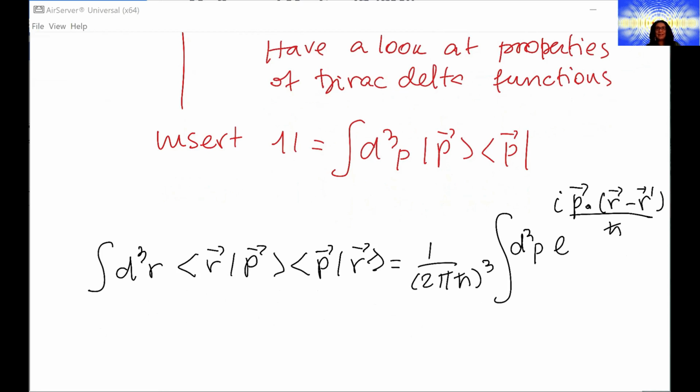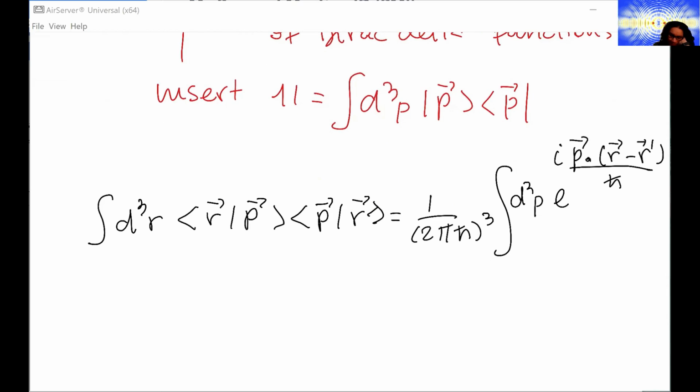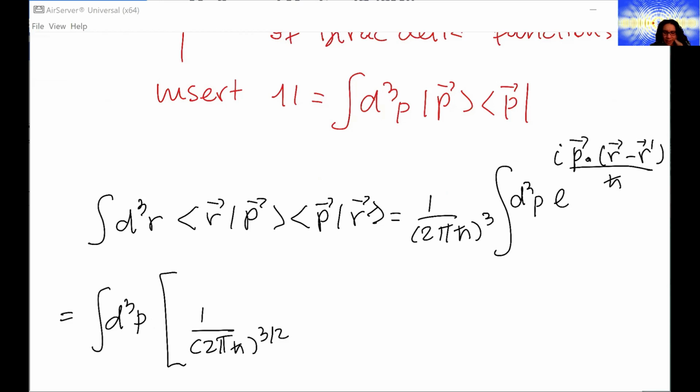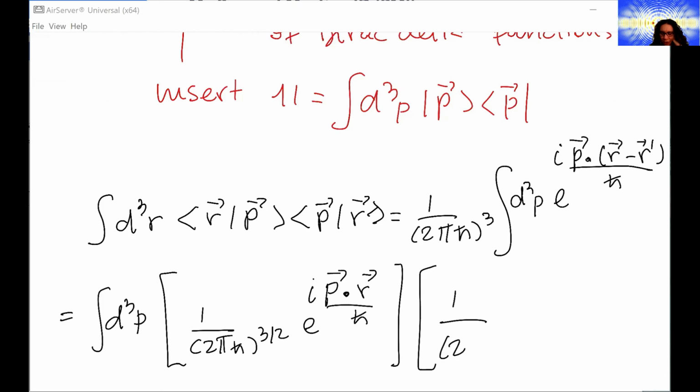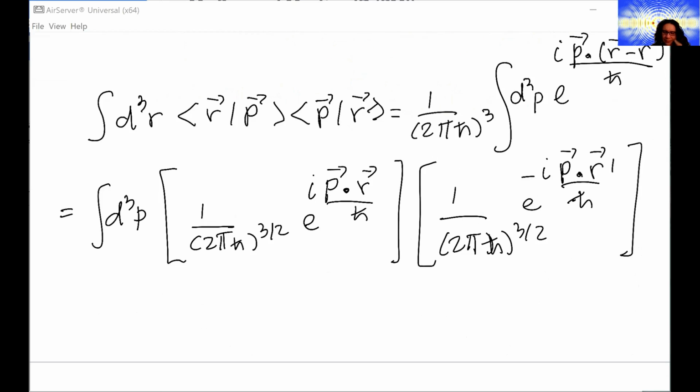If you compare, you see that you can write this as 1 over (2πħ)^{3/2} times the integral ∫d³p e^{ip·r/ħ} multiplied by 1 over (2πħ)^{3/2} e^{−ip·r'/ħ}.